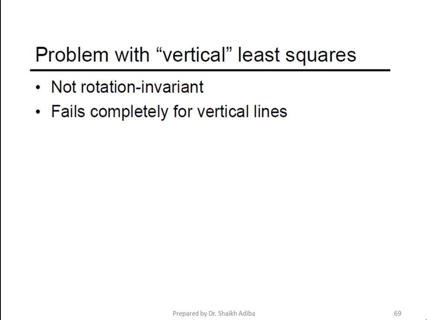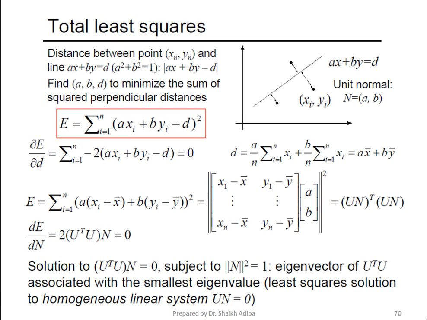Also this method is not rotation invariant. Then what we can do is go for total least square. The change here is to take the total least square method over all of the points we have, and the objective is to minimize the sum of squared perpendicular distances.